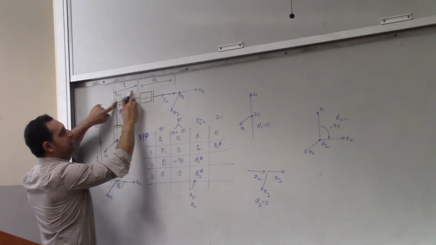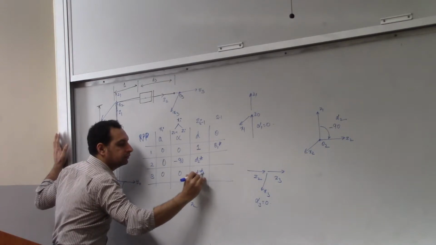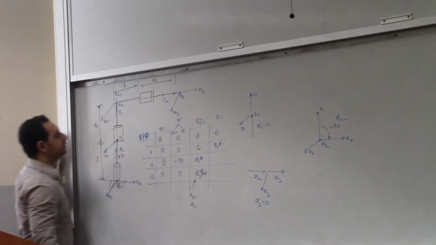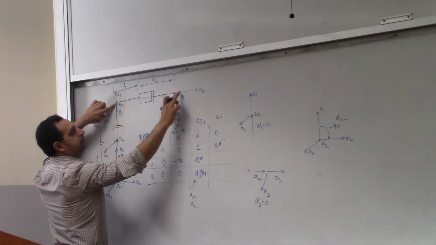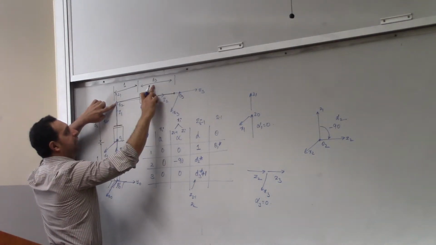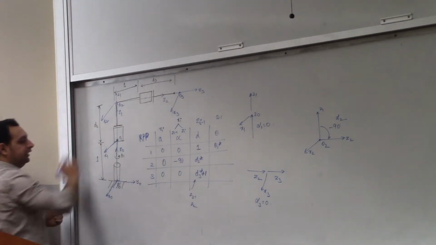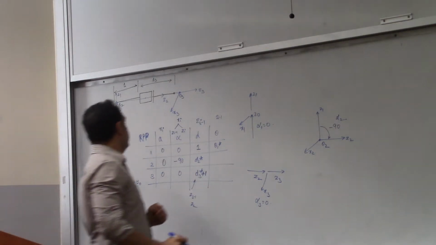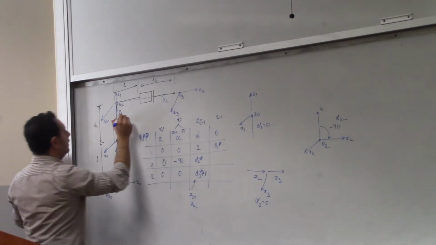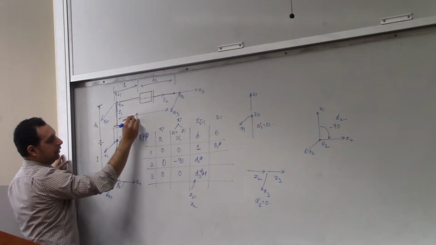So this will be 1 plus D3, because Z2 is starting from here all the way till it meets the x-axis. So this will be D3 plus 1. Otherwise you lose this unit if it's only D3. This whole thing is D3.